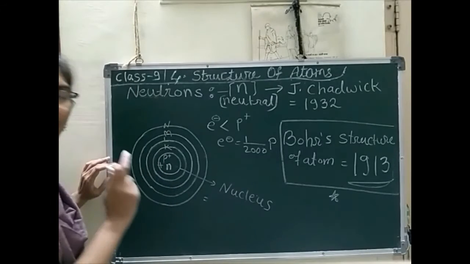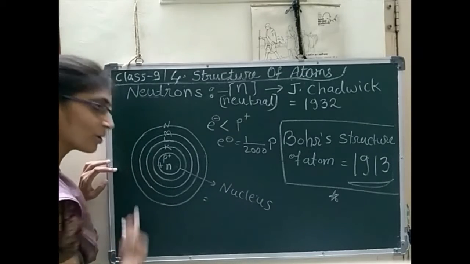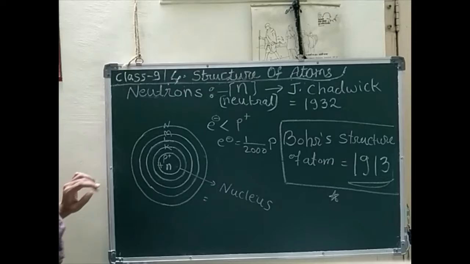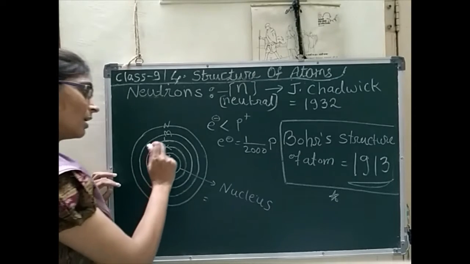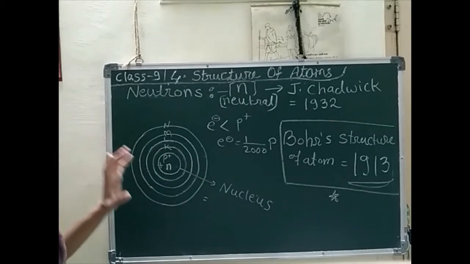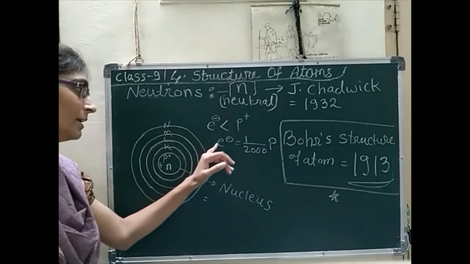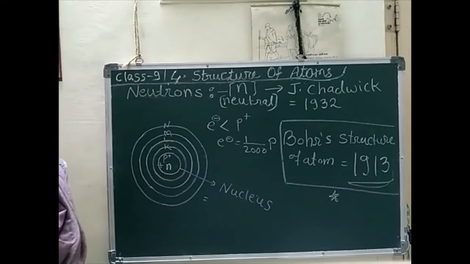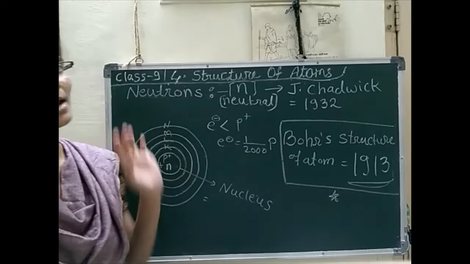This nucleus now has two subparticles, protons and neutrons, and around that nucleus electrons are revolving in their discrete energy levels. Electrons have negative charge, protons have positive charge, and neutrons are neutral in charge.